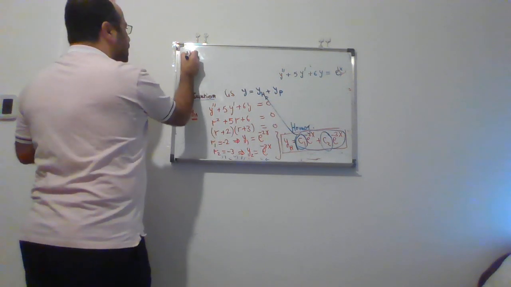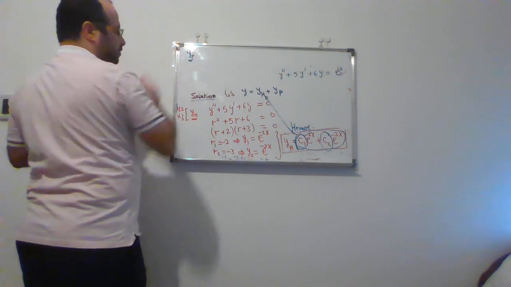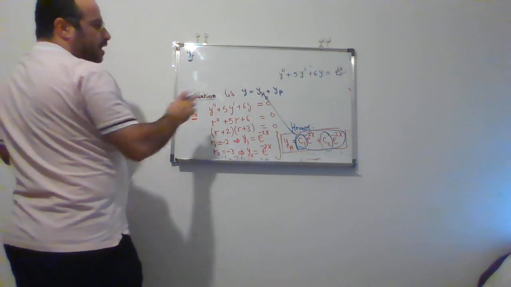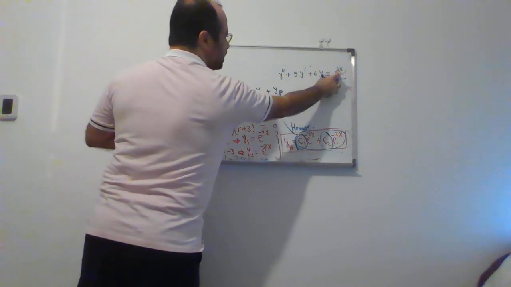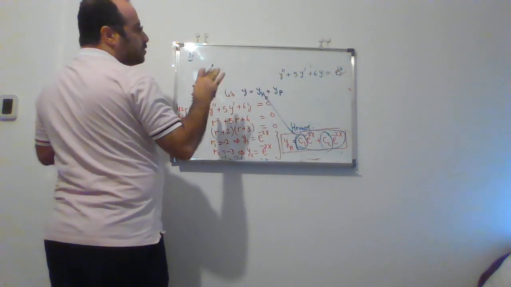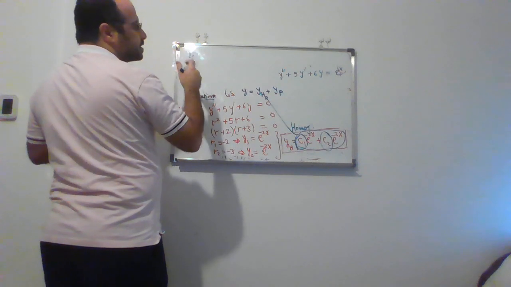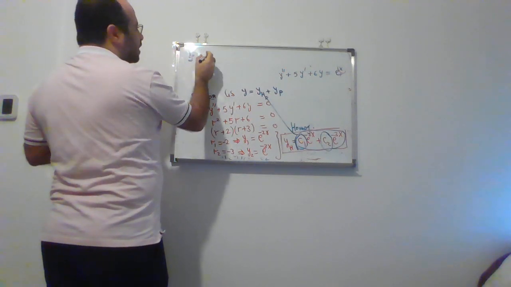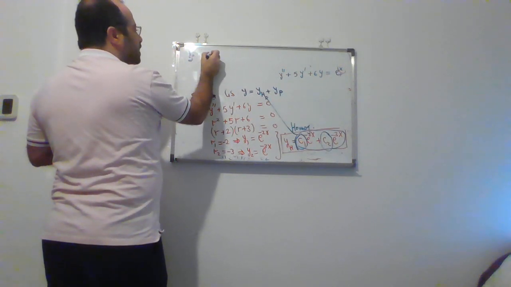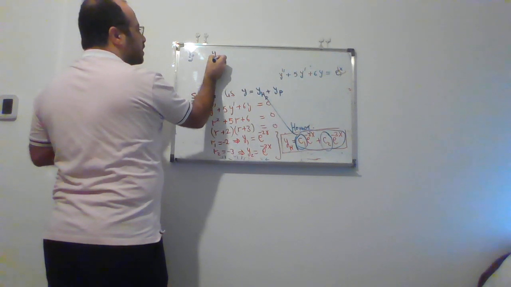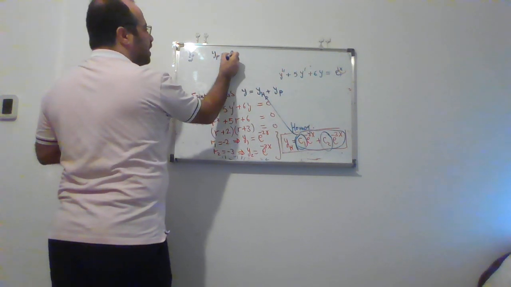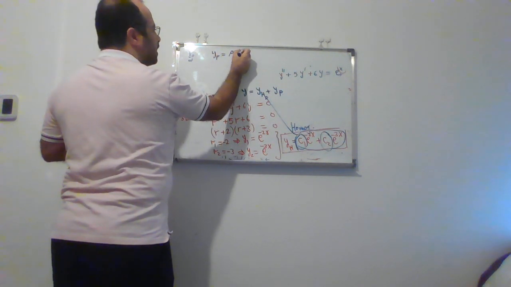Now let's do y particular. I need to guess my solution here, and I will not tell you now how I guessed it, but I will assume that y particular is of the form a e to the x.